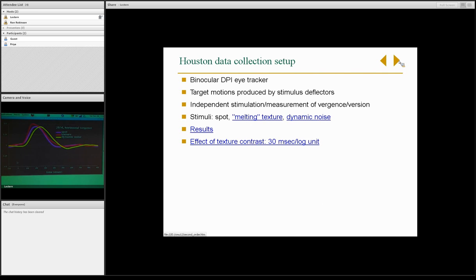Whereas for the left-right version, you get the signal with one eye closed. And then finally, here's the response for vertical vergence. What we see is that the signals are much weaker, but that they are present.